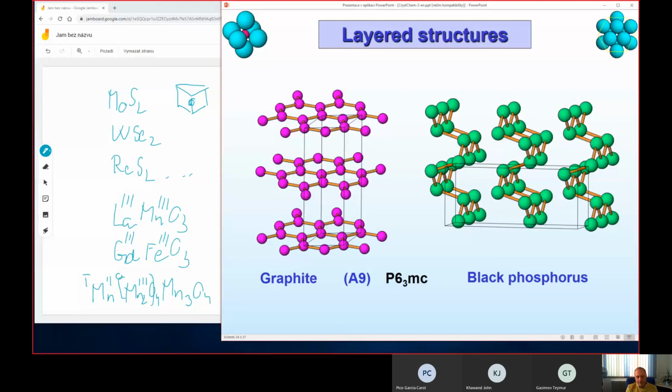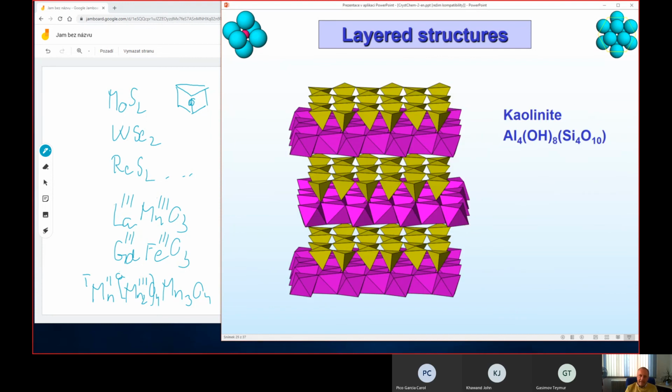Then some examples of layered structures like hexagonal graphite or black phosphorus, which has a similar but buckled structure. Then layered silicates like kaolinite, which involves layers of corner-shared tetrahedra, with the stoichiometry Si4O10.